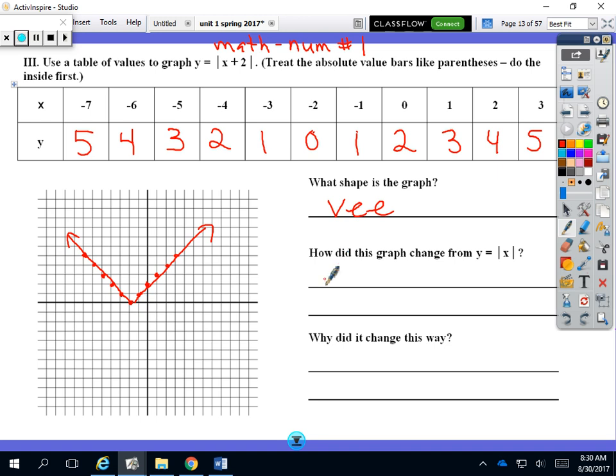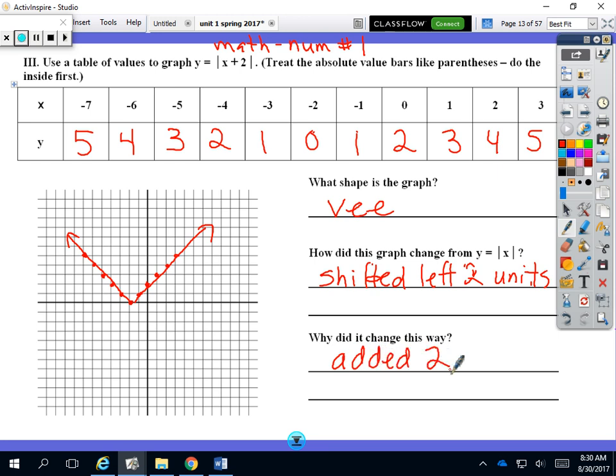So this shifted left 2 units. And we can look at the function, and since it shifted left 2, and we see that we added 2 inside the function, we know it changed because we added 2.